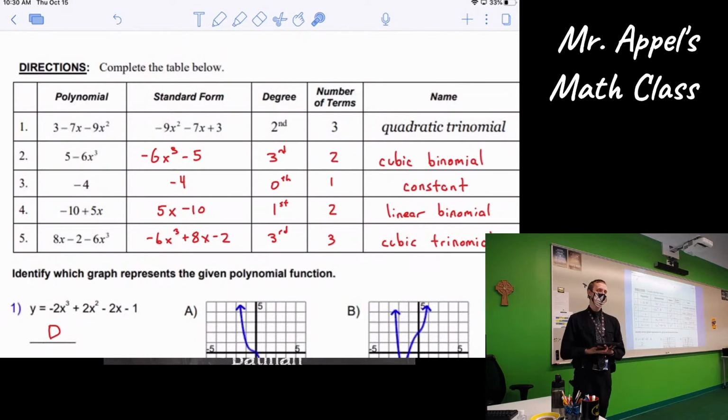If it just asks for type of function, you could say this is a cubic function. Okay? Or what's the degree of this function? Right? You could say 3rd degree or call it cubic. Okay, so more than likely, yes, you can use the short term. It depends on how the question is set up.